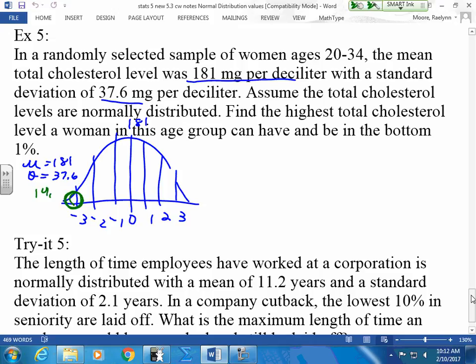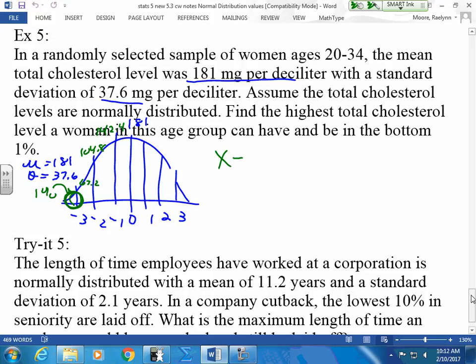This is 1% of my data in here. Now, I'll just do these out so we can see where this falls. Minus 37.6. So this is 142.4. This is 104.8. And this is 67.2.